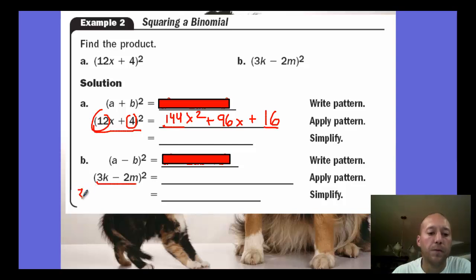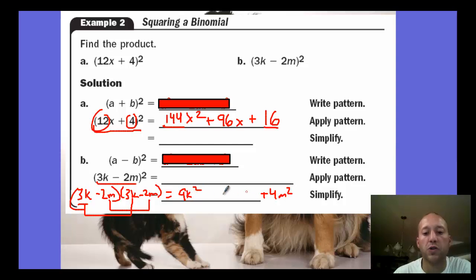Again, if you don't see the pattern, you can expand it as the two quantities, and then you can just FOIL. So if I'm FOILing this again, the first would be 9k squared, and here's the pattern. I FOIL a little different. I would do the first and then I actually do the last, which would be positive 4m squared.